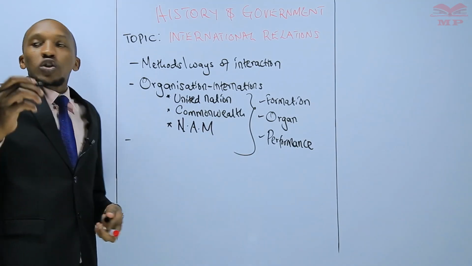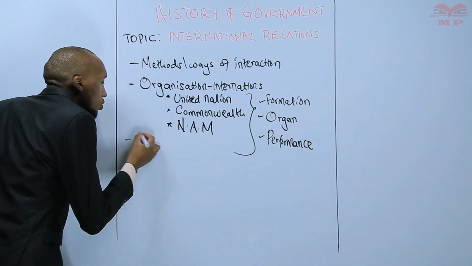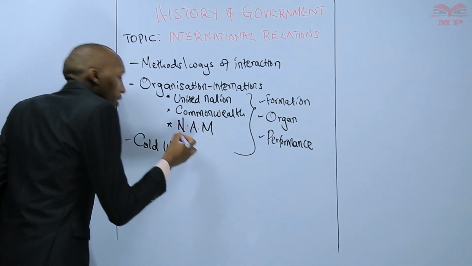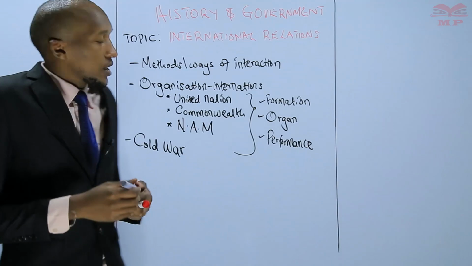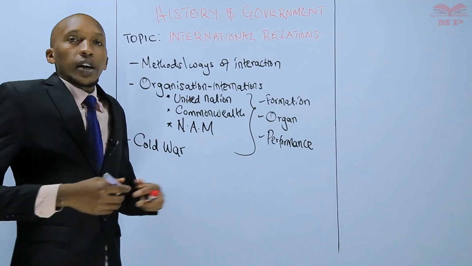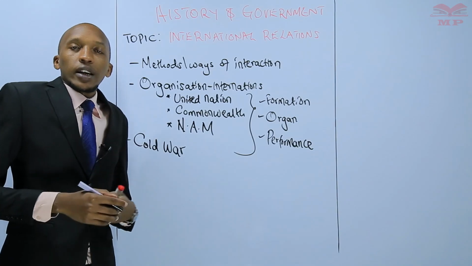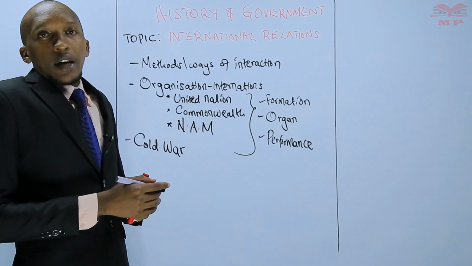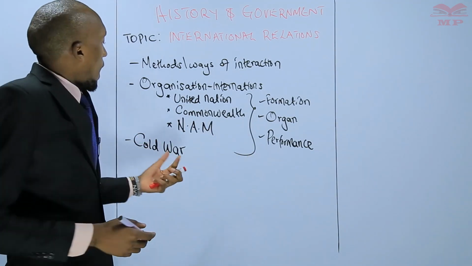The other thing that we are going to be discussing in this topic is the Cold War. The Cold War that ensued. We are going to define what the Cold War is. Immediately after the Second World War, the two blocs that had been formed, that is the capitalist and the communist blocs, the Western and the Eastern blocs, how they were fighting.